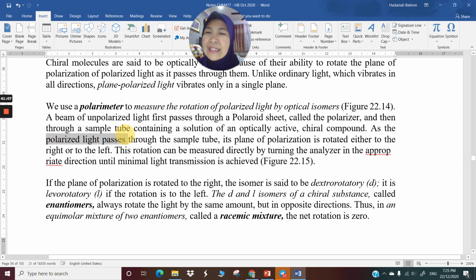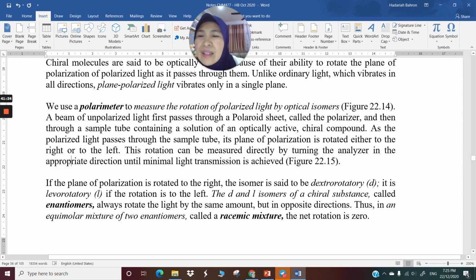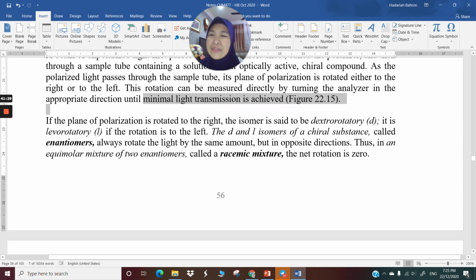As the polarized light passes through the sample tube, its plane of polarization is rotated either to the right or to the left. This rotation can be measured directly by turning the analyzer in the appropriate direction until minimal light transmission is achieved.